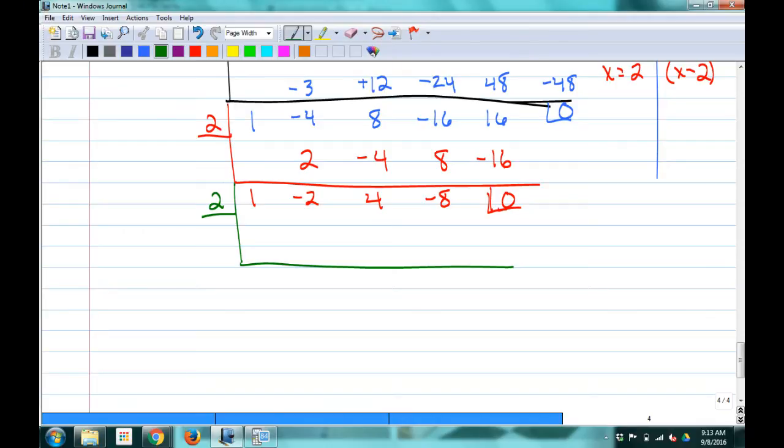Even multiplicities bounce off of it or touch it. So run that through again. If you try to run it through and you don't get a 0 as the remainder, then it doesn't work. So if you think, maybe that -3 had a multiplicity of 3 or something like that, if you tried -3 again, it won't work in the remainder. The quotient's there.